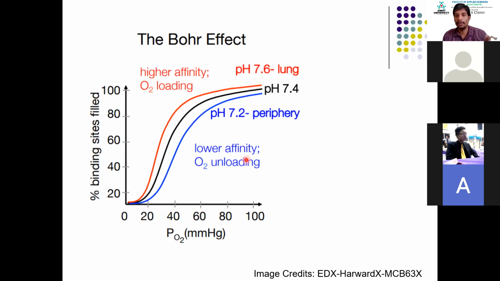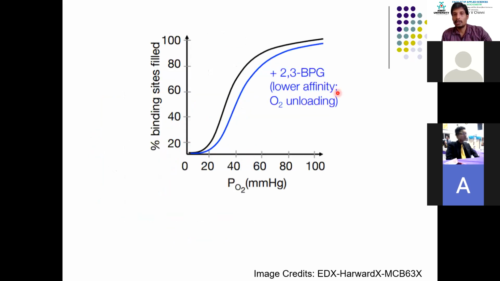This is normally what we can see in respiratory metabolism or physiology. So why are we talking about all these things, and how is it linked to glycolysis? The 2,3-bisphosphoglycerate, which we have seen especially in red blood cells, formed by conversion from 1,3-bisphosphoglycerate, will lower the affinity of hemoglobin to oxygen at low oxygen levels.